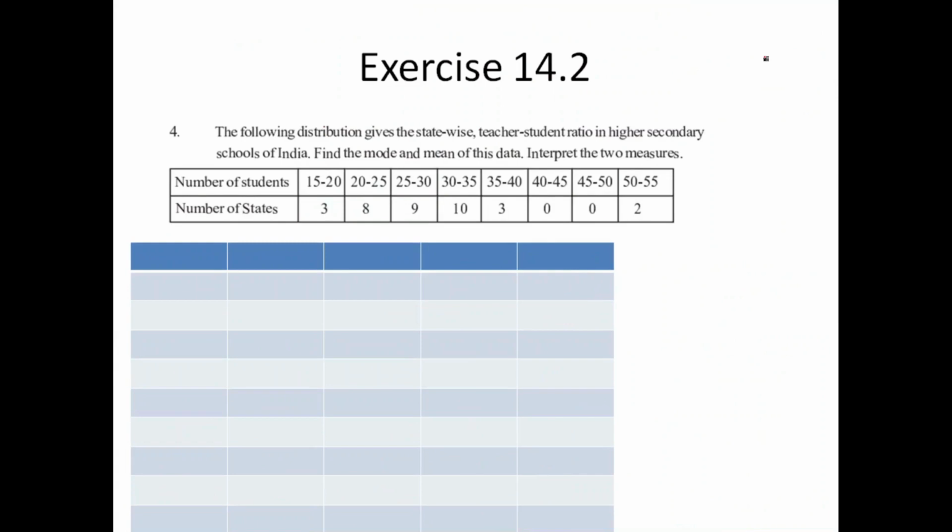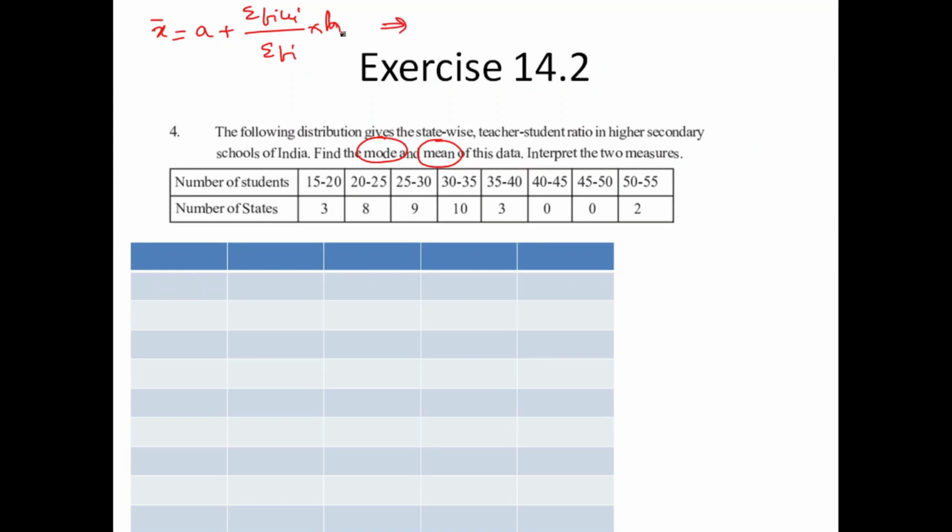So let's look at the fourth sum. Here also you need to find the mean of the given data. Here also I will be using only the step deviation method. In this method, the mean x bar is given as a plus sigma of f_i u_i by sigma f_i into h.